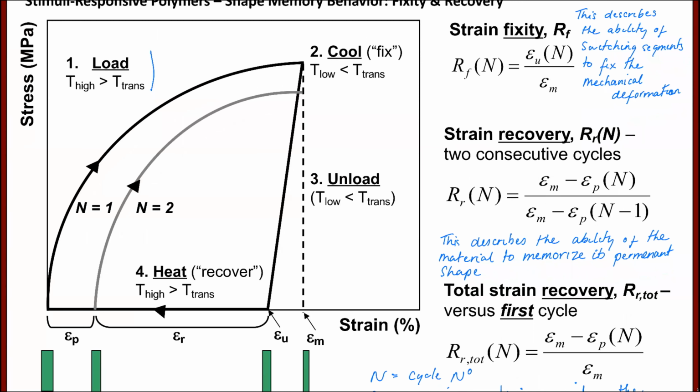So what you're doing is, when you're trying to get it into its temporary shape, you're going up the load. So you're applying a temperature higher than the transition temperature, and then you're cooling it. And by cooling it, you should fix it in its temporary shape. Now, when you unload the force, because we've got to apply a force to get it into its temporary shape to begin with, once we've cooled it and we unload that force, we're then trying to measure whether it retains that shape or not, and whether there is some kind of contraction.